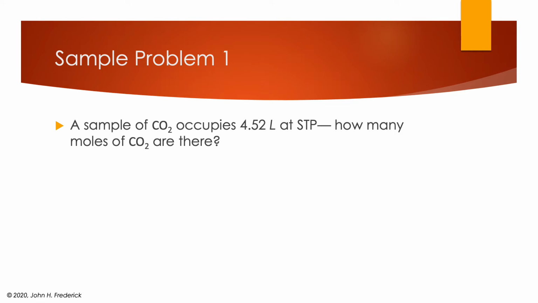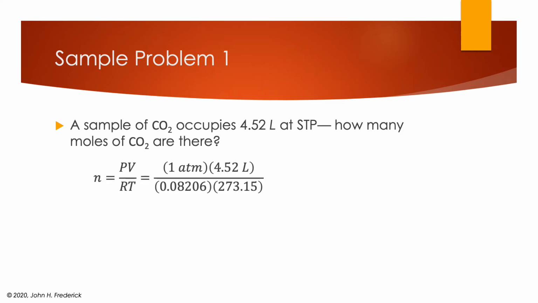So we're going to do that first half of that conversion table now. Basically it's this version of the ideal gas law, n is equal to PV divided by RT. So I'm going to have 1 atmosphere times 4.52 liters divided by 0.082 divided by 273.15. Now, you may recall in a previous video I said that whenever you see this pair of factors multiplied by one another, they always equal 22.4.